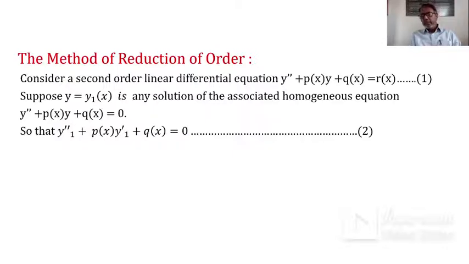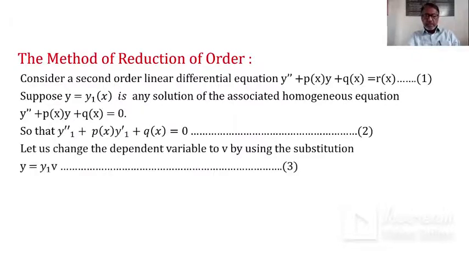Therefore, we obtain y1'' + p(x) y1' + q(x) y1 = 0. And now we take the substitution. Now we change the dependent variable to v by using the substitution y = y1 v.